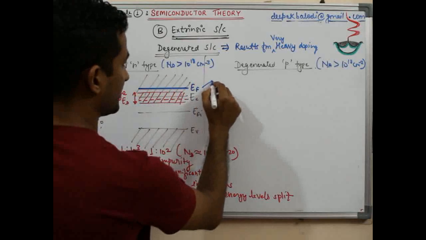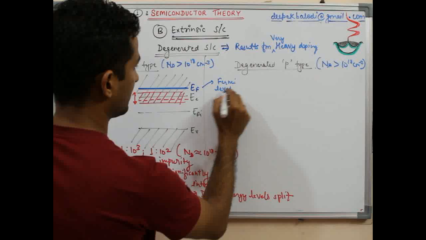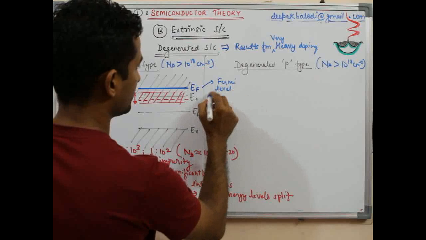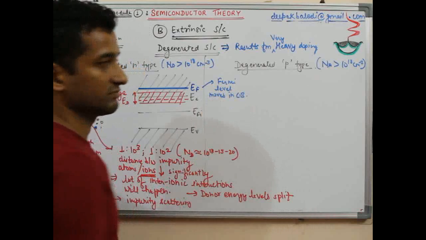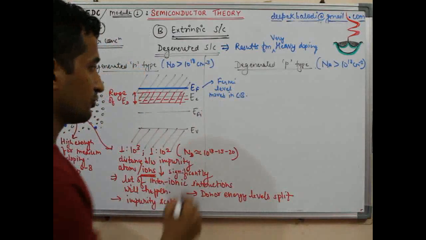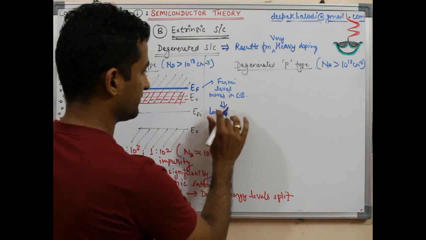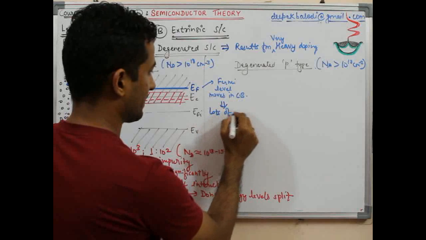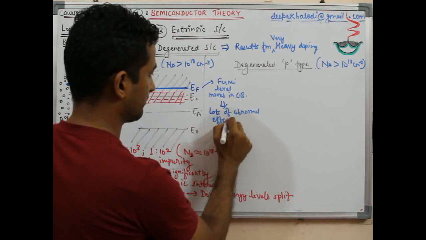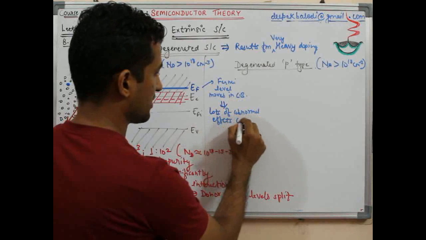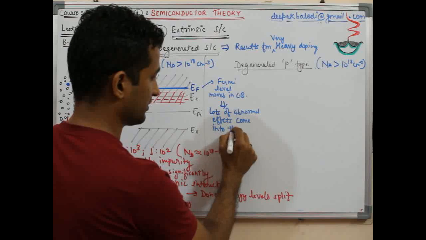So we can say the Fermi level moves in the conduction band. So due to that, lots of abnormal effects come into the picture. Now we are not going to study this.